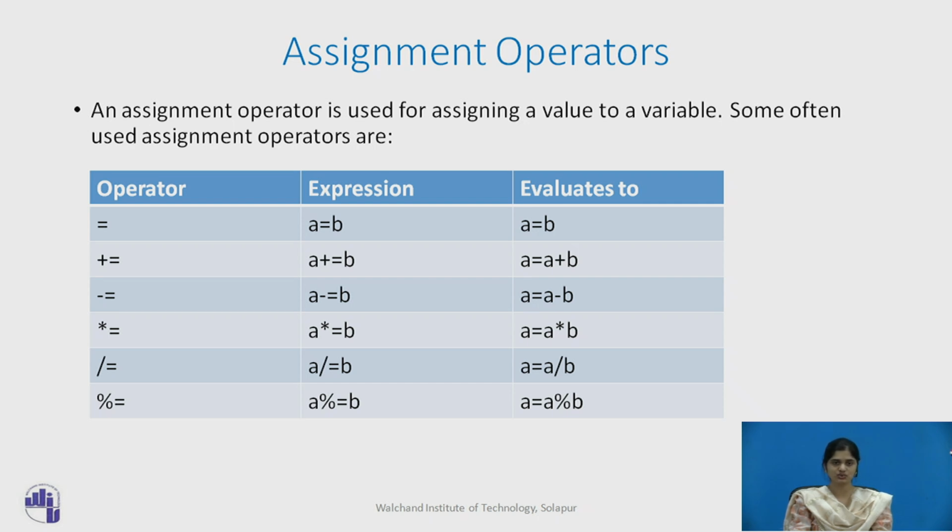Plus is equal to is a equal to a plus b, so a plus b will be added and the value will be given to the a variable. Similarly, minus equal to is a equal to a minus b, then multiplication equal to is nothing but a equal to a multiplied by b. Divide equal to is a equal to a divided by b, and mod equal to is a equal to a mod b.